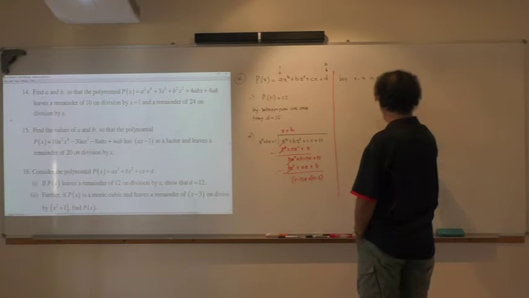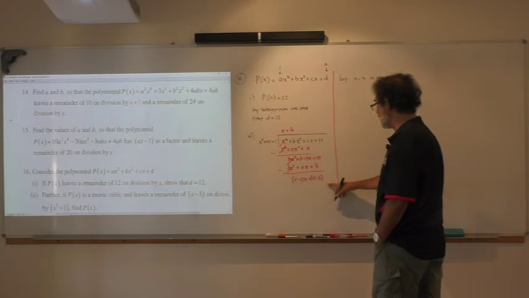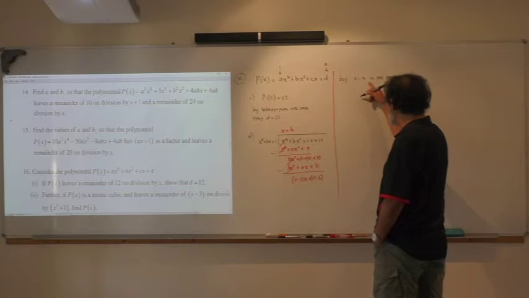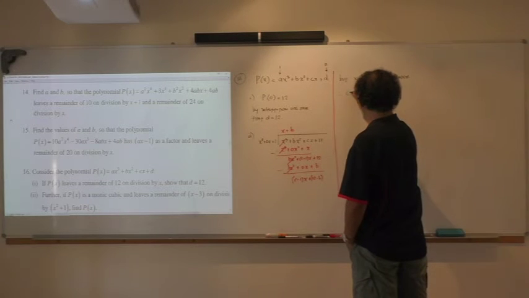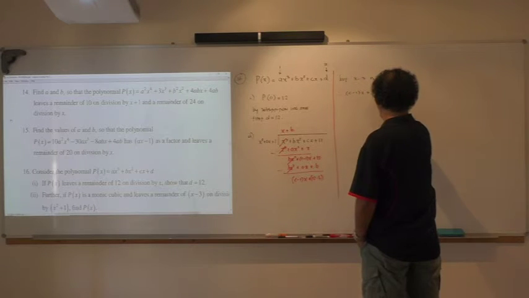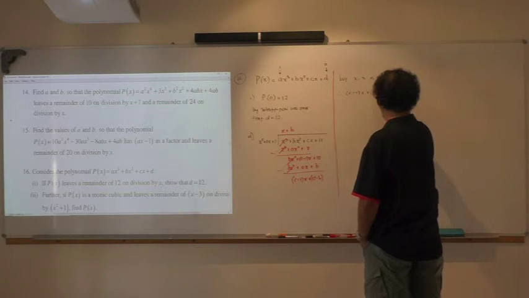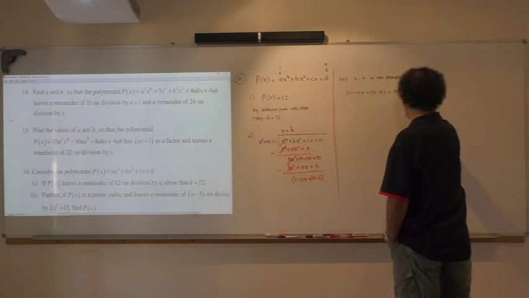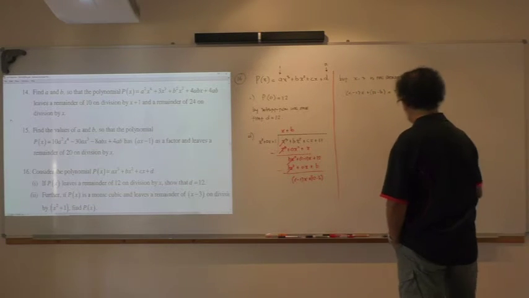That was given. So therefore c minus 1 x plus 12 minus b must be equal to x minus 3.